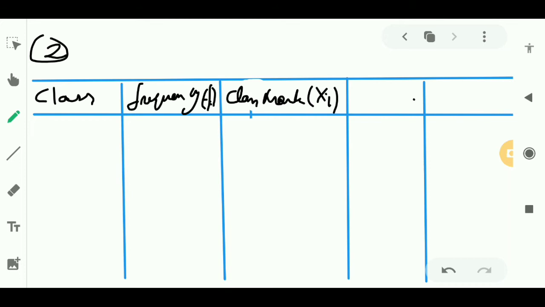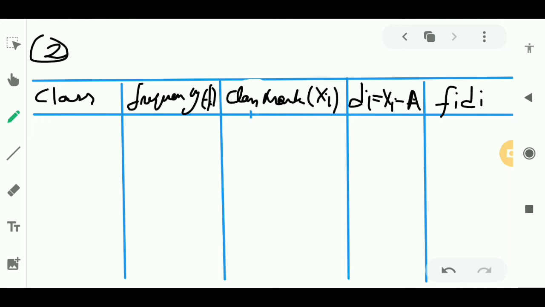Then di. Di means we will write xi minus a. A means assume mean, we will assume one mean here, and then summation fi di we will find out.